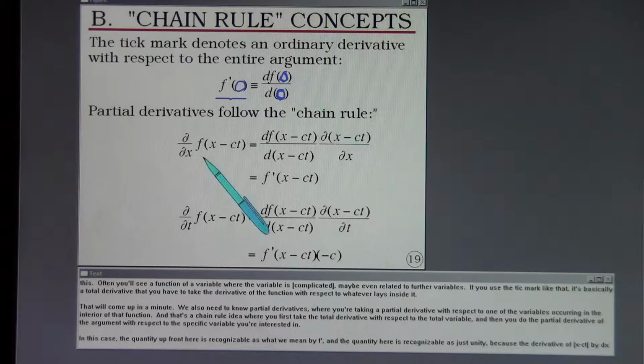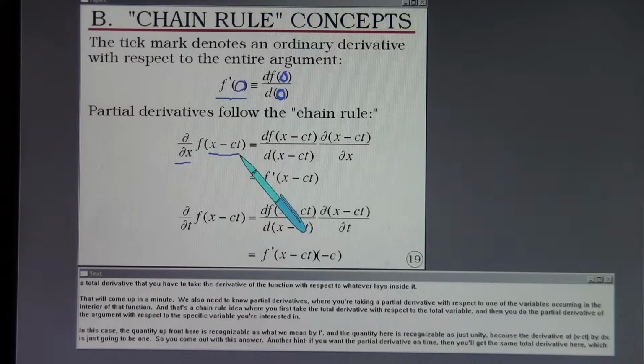We also need to know partial derivatives, where you're taking a partial derivative with respect to one of the variables occurring in the interior of that function, and that's a chain rule idea where you first take this total derivative with respect to the total variable, and then you do the partial derivative of the argument with respect to the specific variable you're interested in.